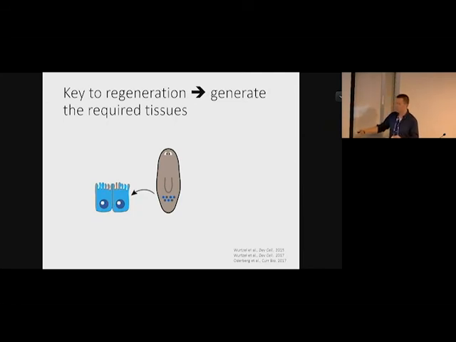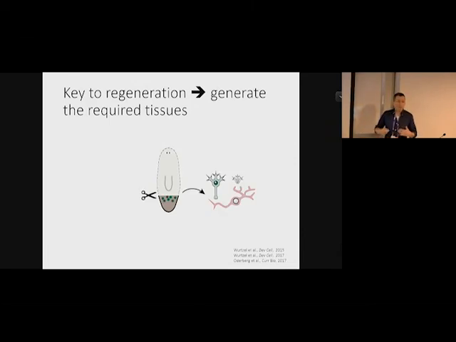So if we have stem cells in the posterior, we'd like those to produce tissues that are usually found in the posterior, for example, intestine. However, once the animal is injured, so here I'm showing an amputation, this part of the tail will now have to generate a new anterior fragment. It will have to regenerate a new head.